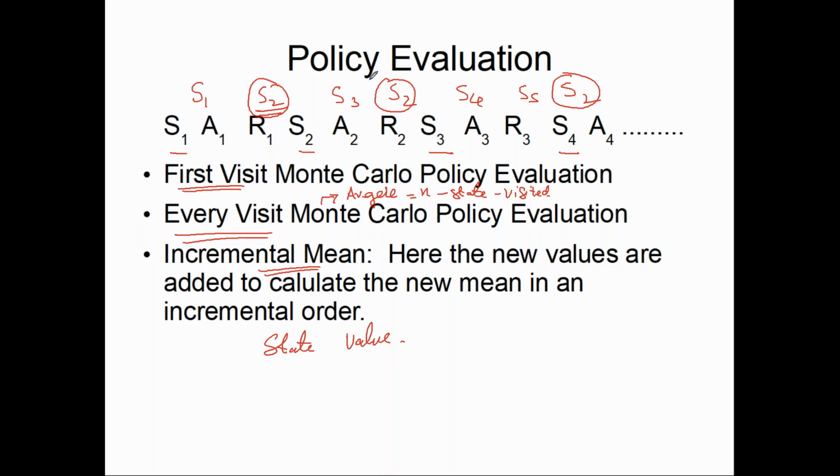Now, the policy evaluation in Monte Carlo: as we know, the complete episode is known, the complete sequence of states is known. But the separate thing is that some states are repeated. When such a situation is there, there are two methods we use, either first visit or every visit.